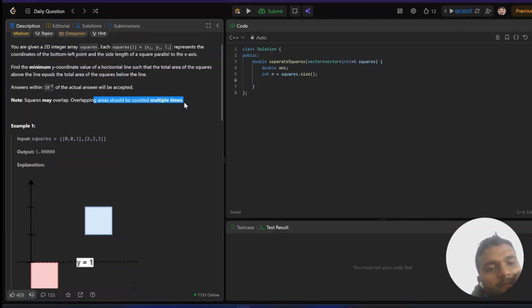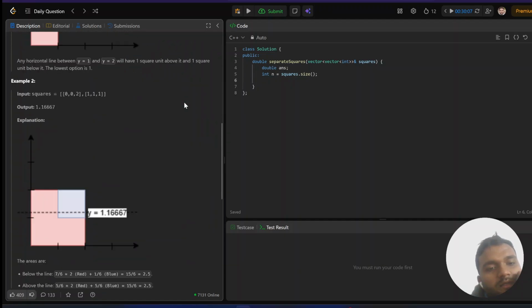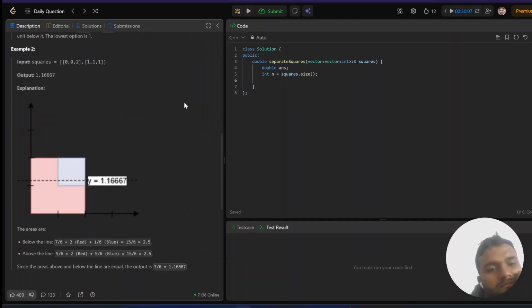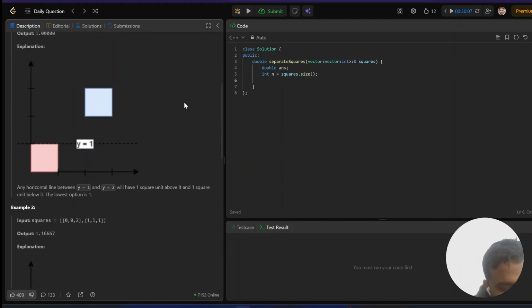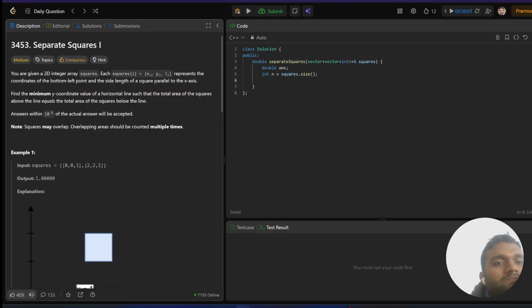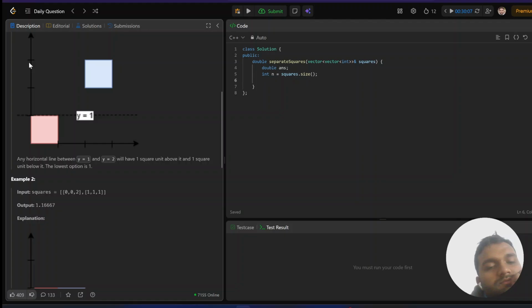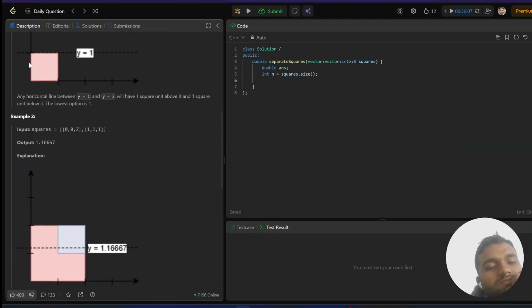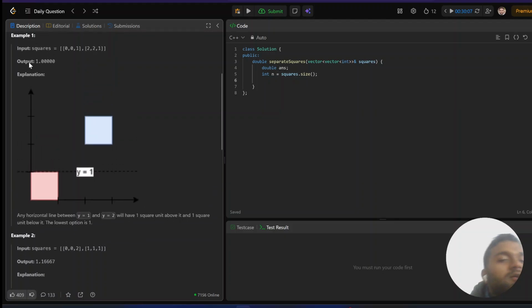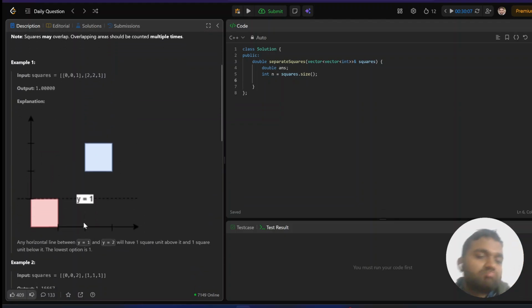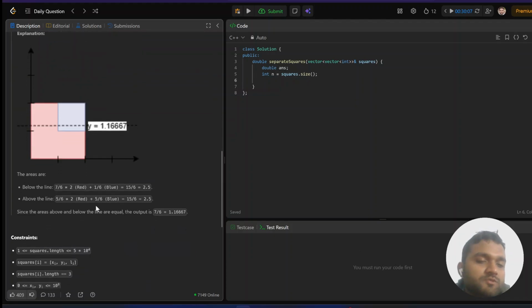Okay, if areas overlap, they should be counted multiple times. Hmm. This question is marked medium. Seems like a very hard question. No, it's a very easy question.